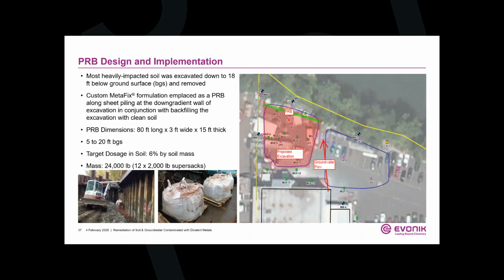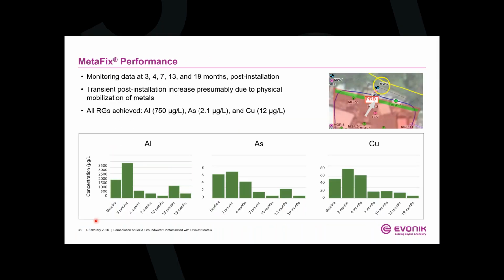The PRB was aligned along the riverfront here at this site in the Pacific Northwest. PRB dimensions about 80 feet long, 3 feet wide, 15 feet thick, from 5 to 20 feet below ground surface. Dosage of the Metafix reagent in that soil mixing PRB was 6% by soil mass. So it took about 24,000 pounds of reagent to create this PRB to cut off the metals from getting into the river. And here you have the performance data.